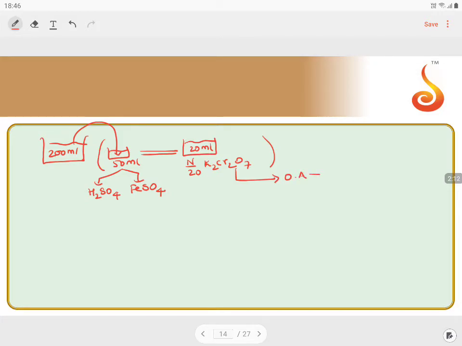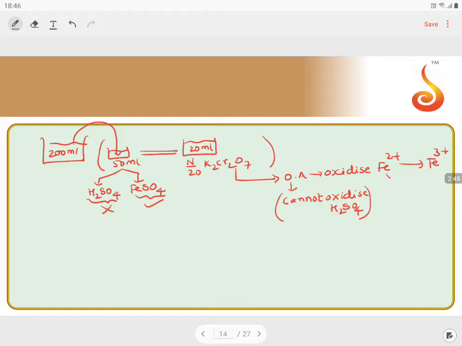It can only oxidize Fe2+ to Fe3+, but cannot oxidize H2SO4. So this is our basic point. Of these two, it is going to react only with FeSO4, not with H2SO4.